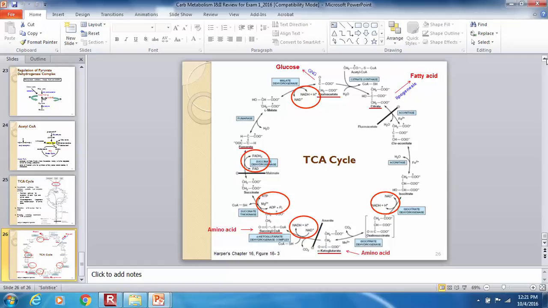So because of this shuttle system, electrons are transferred to generate different reducing equivalents in the mitochondria.